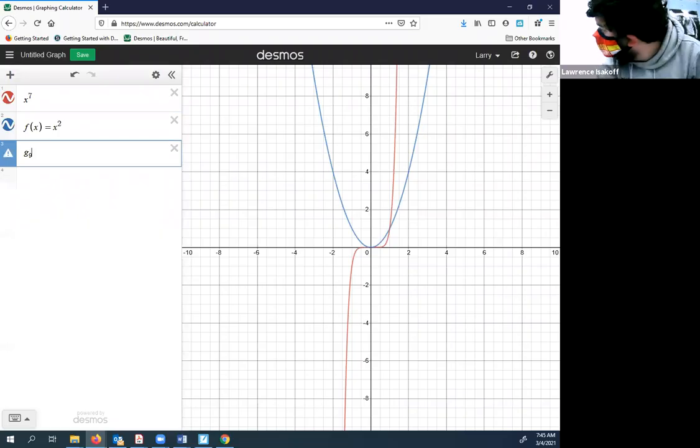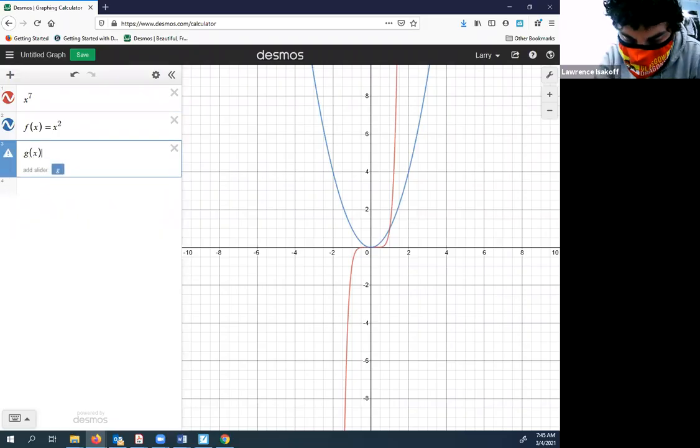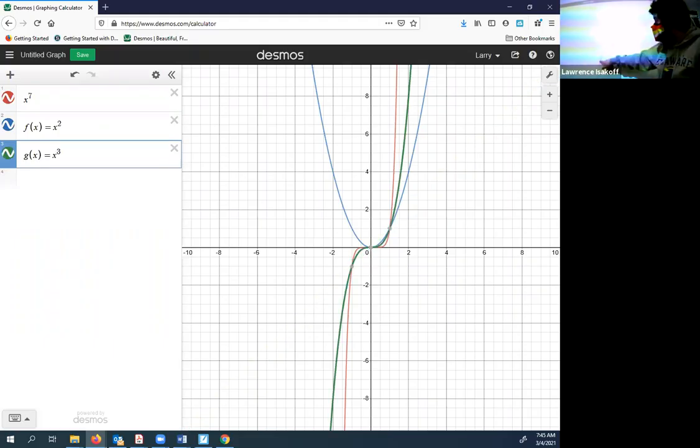g of x equals x to the 3rd power. The green and the red look a lot more like each other, right? So we notice that the red kind of drops down faster and goes up faster. It seems to be more leveled out in the middle, but in general, they look really, really similar.